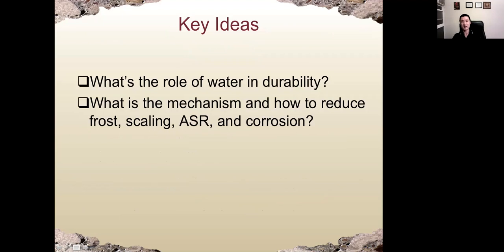All right, so that's the end of the second lecture on durability. What is the role of water in durability? Remember, all types of physical and chemical attacks involve water. What is the mechanism and how can we reduce frost damage, scaling damage, which is a special type of freeze-thaw damage, how to reduce alkali-silica reaction, and how to reduce corrosion of reinforcement.